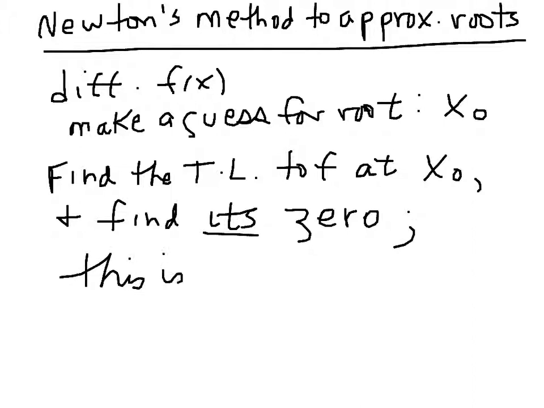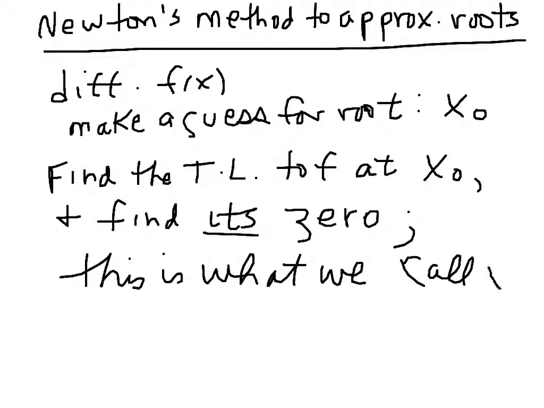This is what we will call x sub 1, in other words, the next guess. So that's the idea, and this is an iterative process. We can keep doing this over and over again until we get as close to that actual root as possible. So let's take a look at how we would get this next root.